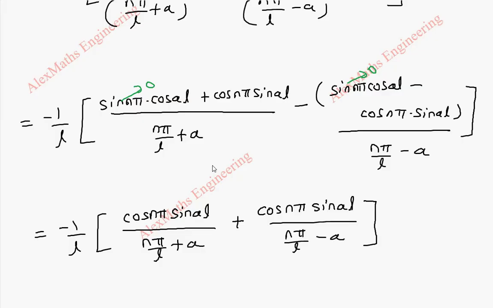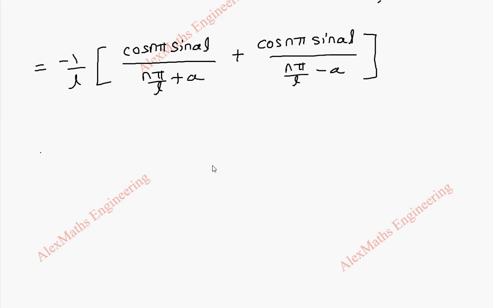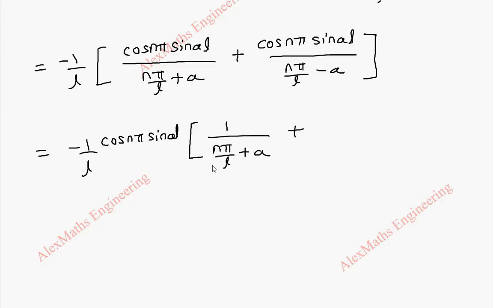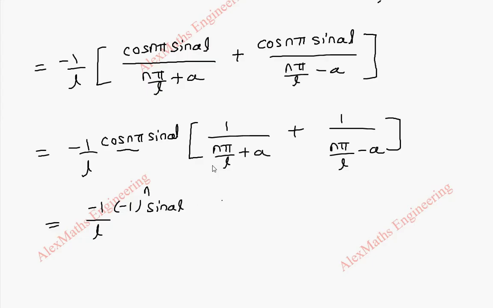And we can take cos n pi and sin al common. So minus 1 by L into cos n pi into sin al. When this is common, 1 by n pi by L plus a plus 1 by n pi by L minus a. So this is minus 1 by L, cos n pi is minus 1 whole power n, into sin al.